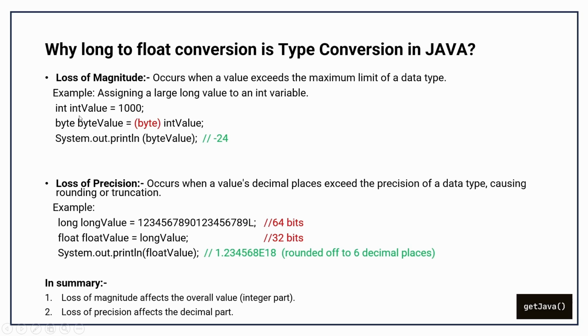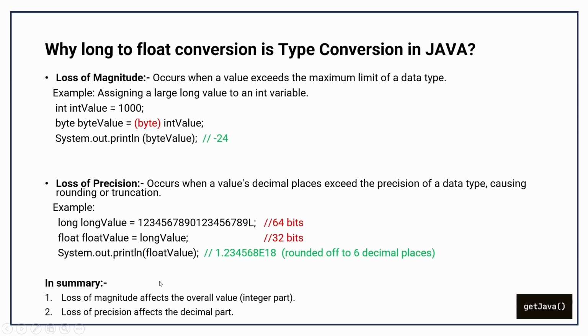For example, here the int value 1000, we are trying to store inside a byte variable. Then obviously the compiler will give us an error and we have to manually convert this int value into byte and then we can store it.